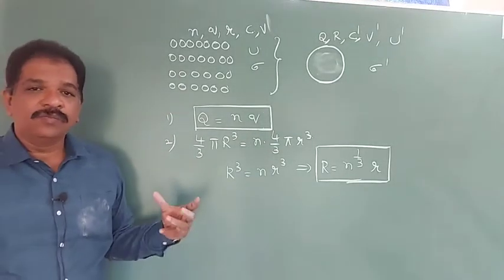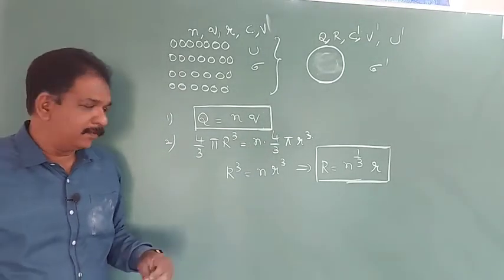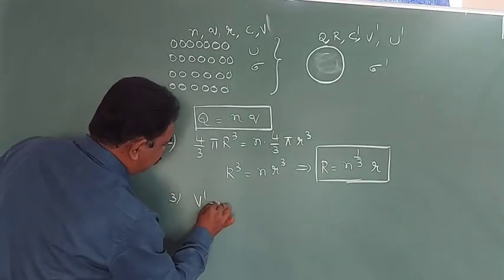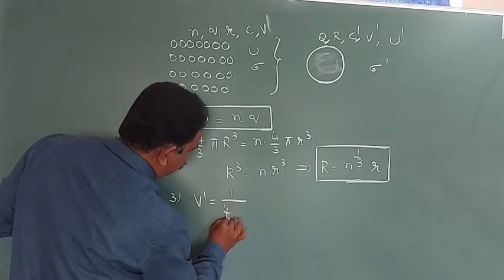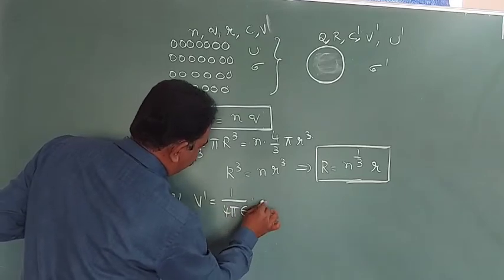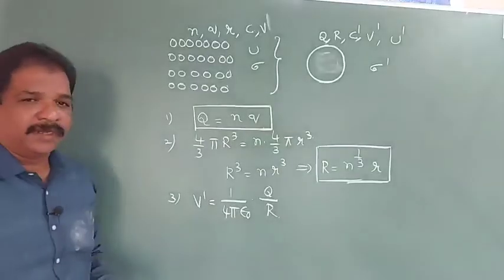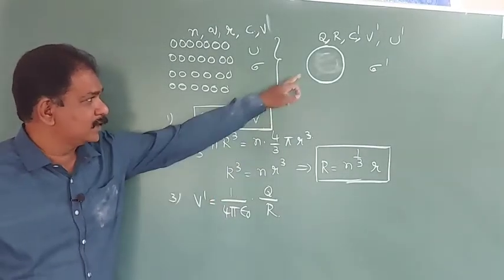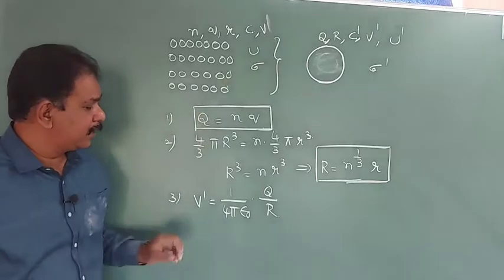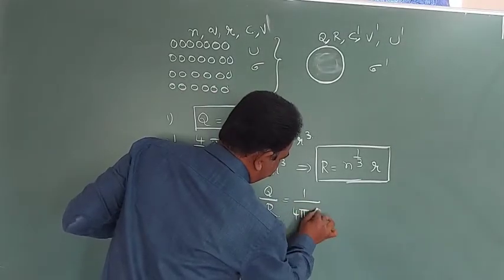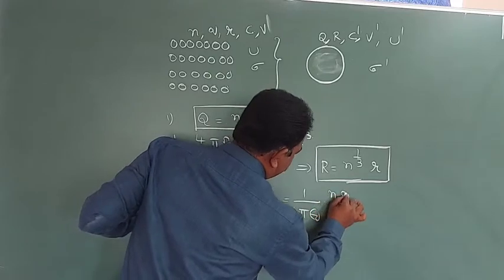Okay, now potential, what will happen? See. V dash is equal to 1 by 4 pi epsilon naught capital Q by capital R, the formula for this. But capital Q is equal to how much? n into small q.